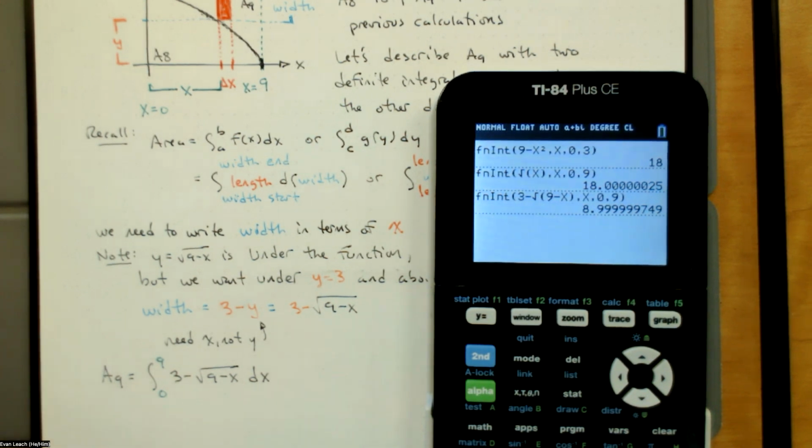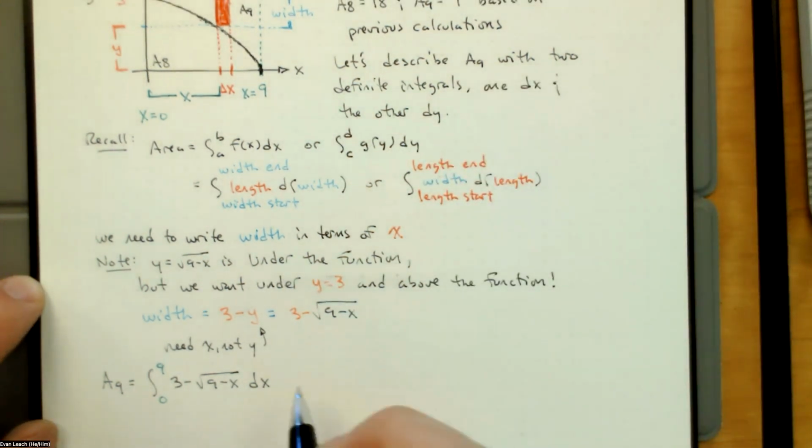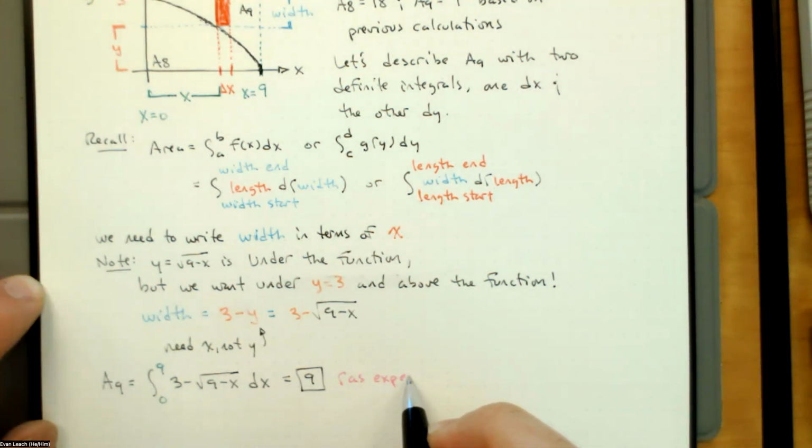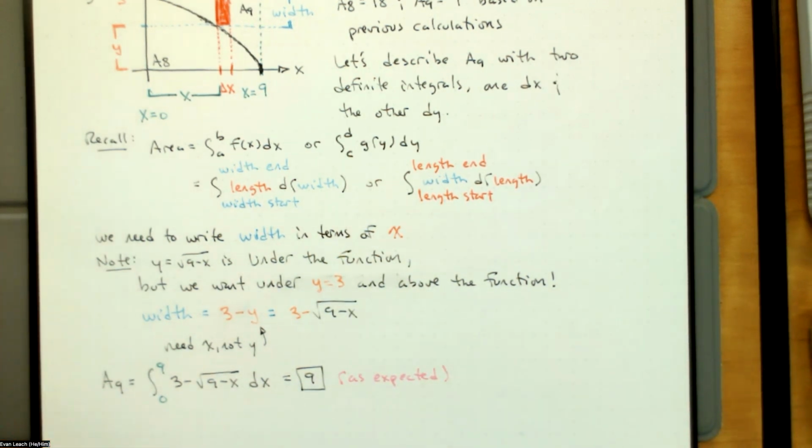9.0, a bunch of nines and a 7, 4, 9. 9, like we expected. The reason that we do this for an area where we already know what the area is, is to make sure that our method went right.